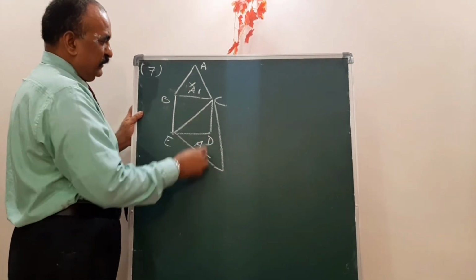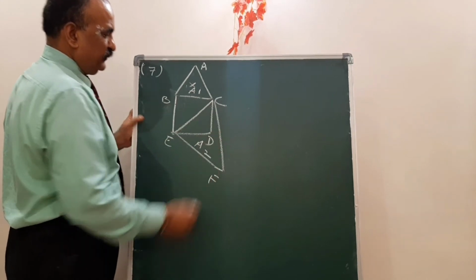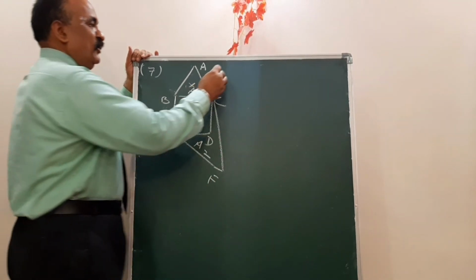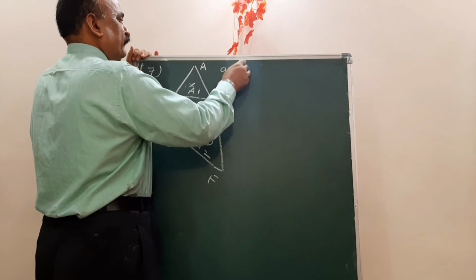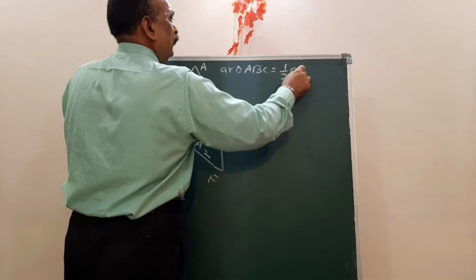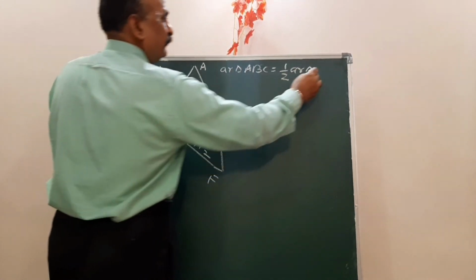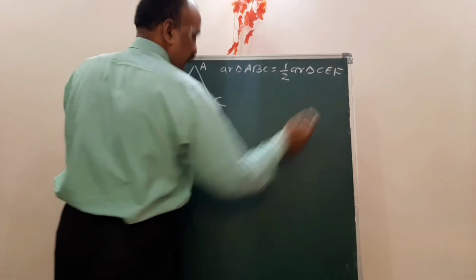ABCD E और ये F. यानी आपको शो करना है एरिया ऑफ ट्रायंगल ABC इज इक्वल टू हाफ ऑफ एरिया ऑफ ट्रायंगल CEF. This you have to show.